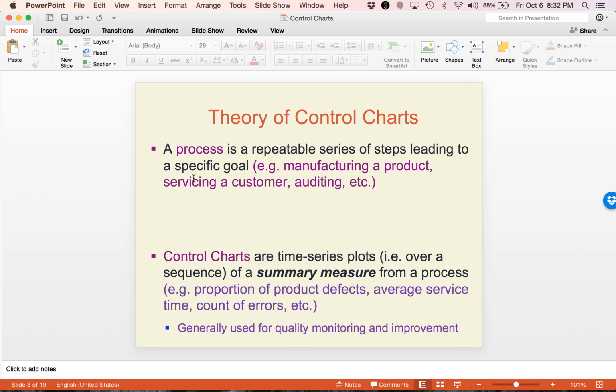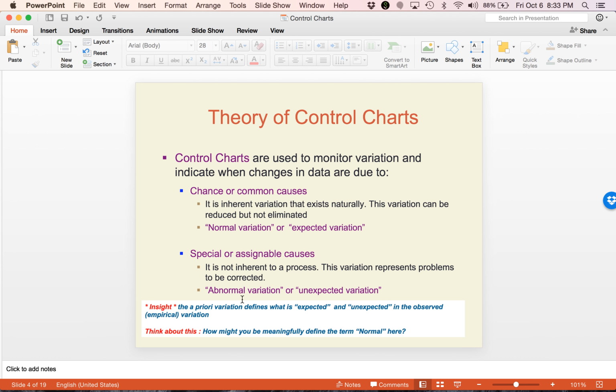Whenever there's a process, there's going to be some sort of summary measure about the quality of that process. And if we look at a plot of those measures over time, or at least over some sort of sequence of that process, that's going to be a control chart. Generally, control charts are used for monitoring the quality of a process to see if it's performing as expected or desired, or for finding improvements to that process.